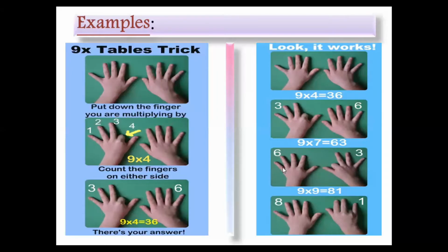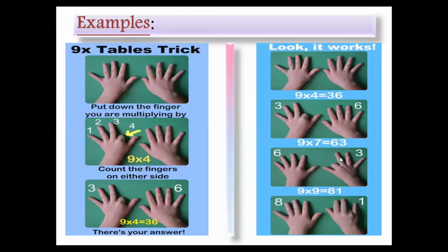Let's count the fingers before the 7th finger from the left: 1, 2, 3, 4, 5, 6. We write number 6 in the tens digit of the product, and then we count all fingers after the 7th finger.